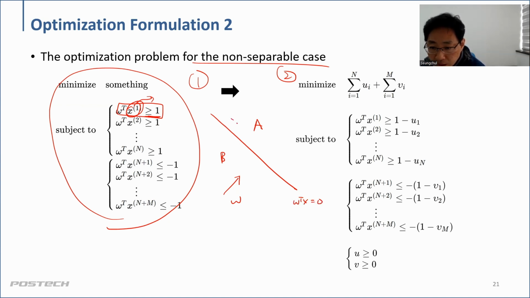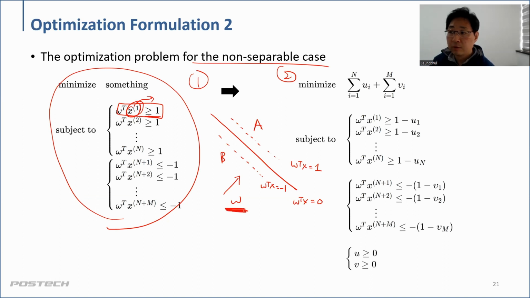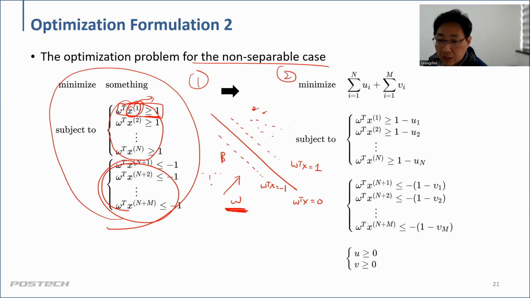There's probably another one, like a band. We can get a clue from the direction of omega. Here is positive, so we know all of the data points are supposed to be located here, and all the other data points are supposed to be located in B. Right? Which is good.